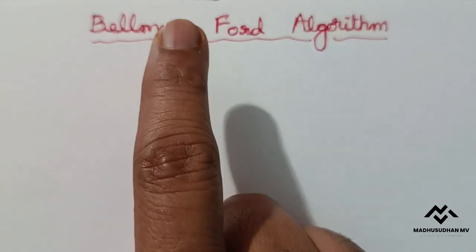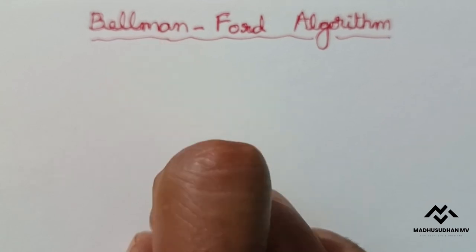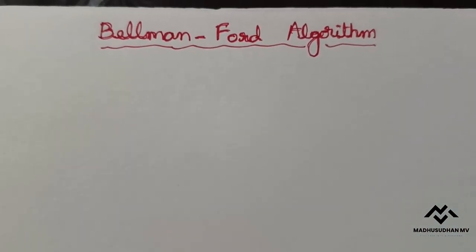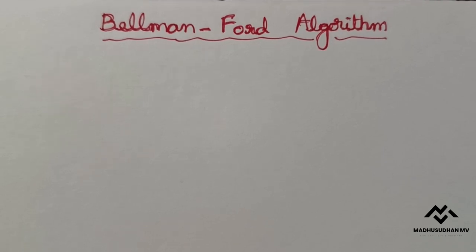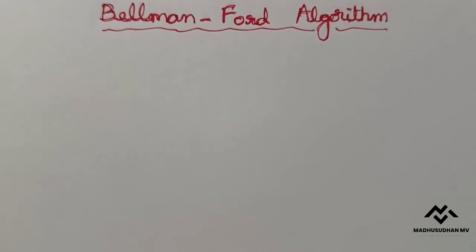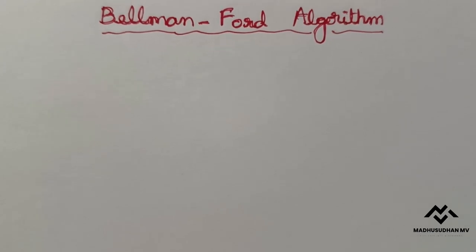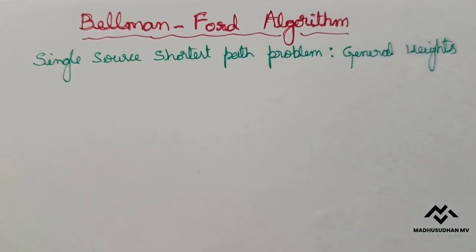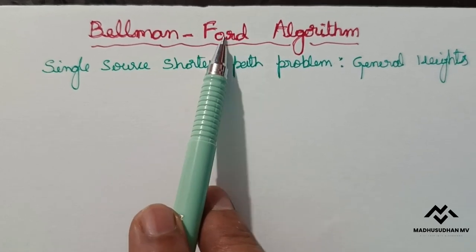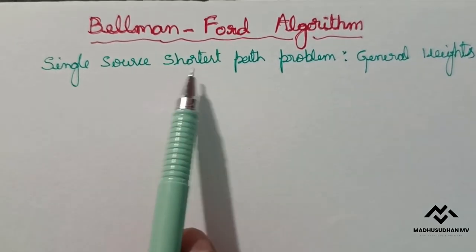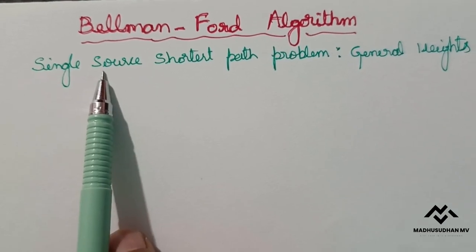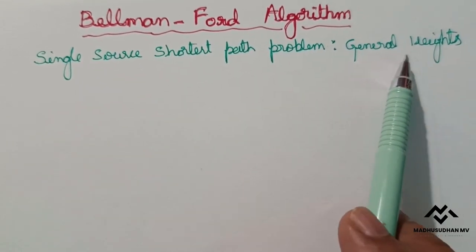But Dijkstra's works only for positive edges, whereas the Bellman Ford algorithm finds the shortest distance from the source vertex to all other vertices even though edges are negative. So I can say the Bellman Ford algorithm is used to find the shortest distance from the source to all the vertices for general weights.